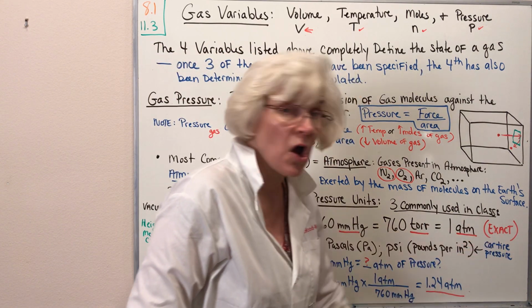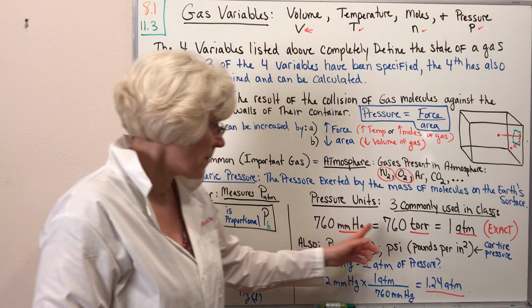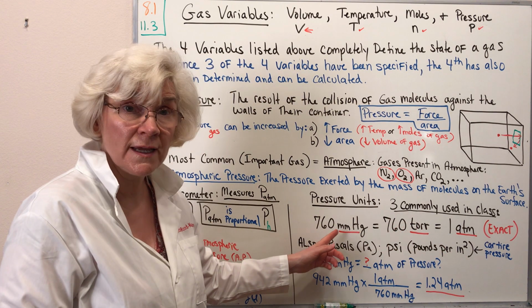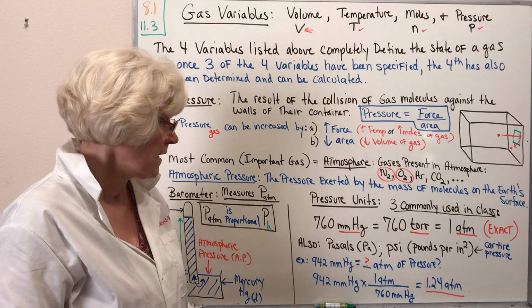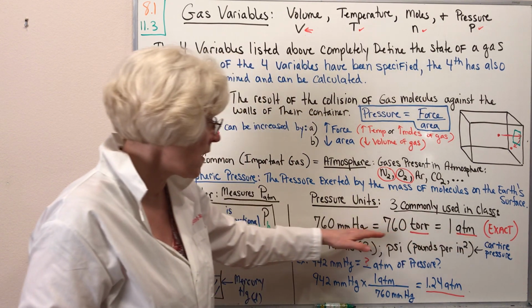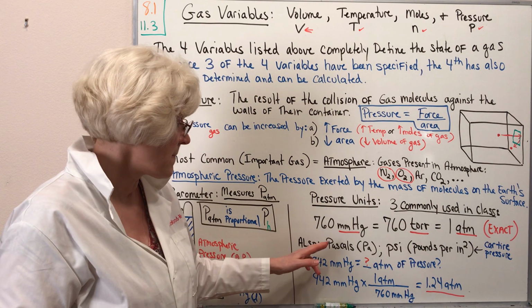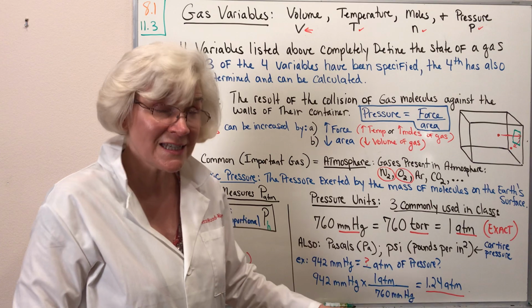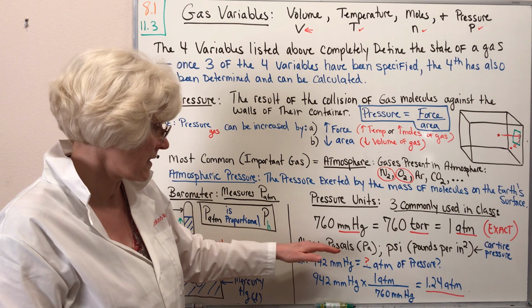These relationships are all exact, so sig figs don't apply. And you remember that whenever we have an equality, we can use this and make a conversion factor. Before I do a calculation involving converting from one of these pressure units to another, I just want to mention that there are some additional pressure units. We just won't work with them commonly in this class.